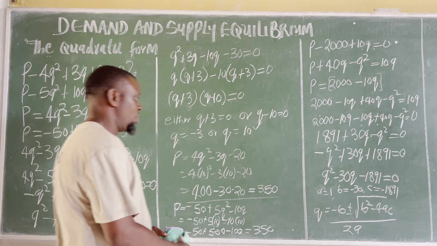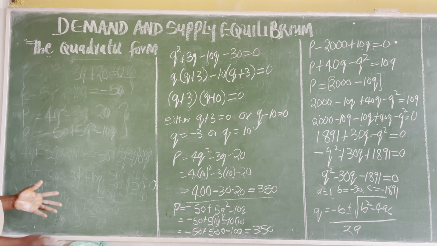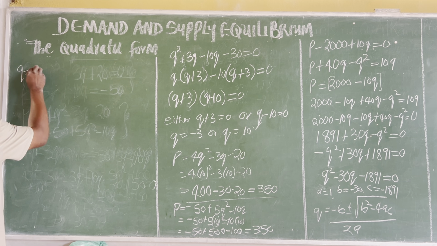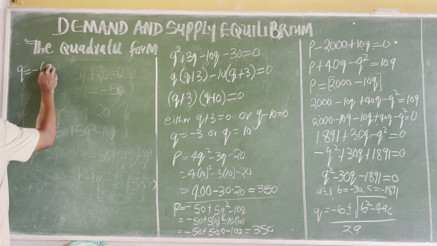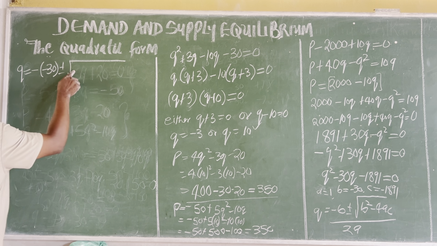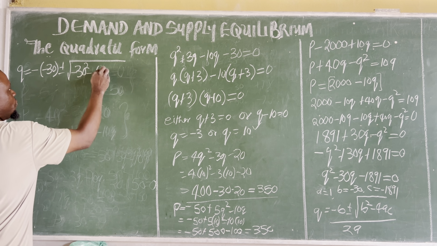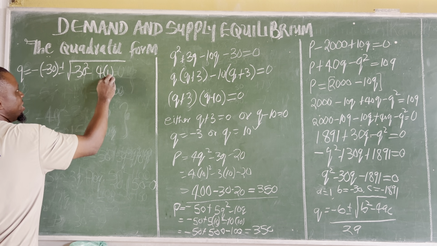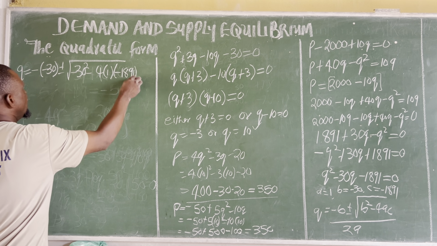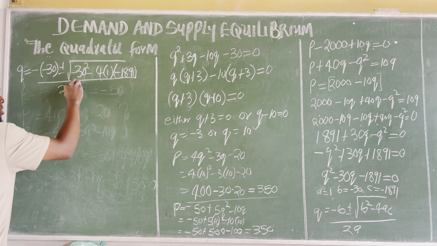So let's substitute this in the formula. Our q will be equal to minus b, which is minus 30, plus or minus the square root of b squared, which is minus 30 squared, minus 4 times a, which is 1, and c, which is minus 1891, all over 2a, where a is 1.